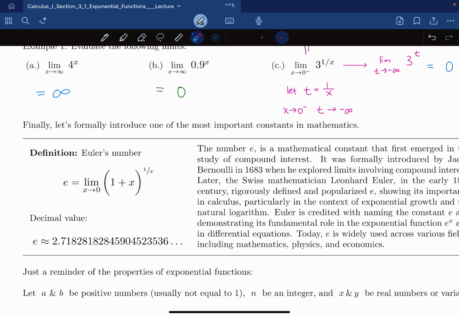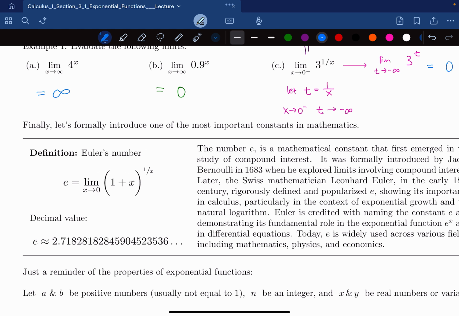A very specific type of limit, and we can't even evaluate it just yet, because it has a variable in the base and a variable in the exponent. So this is not really a composition in any of the standard ways. We'll talk about exactly how to deal with this kind of limit in a future section. But for now, this is the most formal definition of the number e.